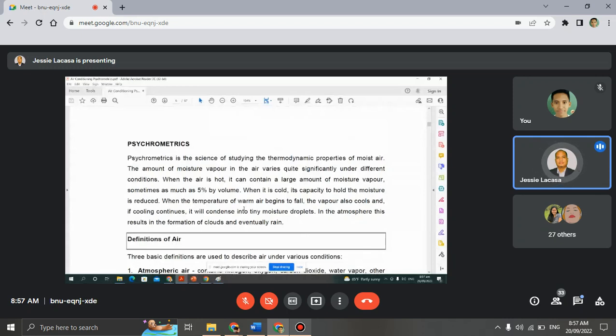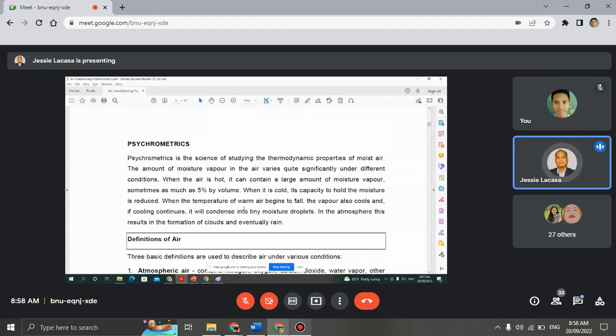So the definitions of air. There are three definitions of air: atmospheric air, dry air, and moist air. Atmospheric air contains nitrogen, oxygen, carbon dioxide, water vapor, other gases, and miscellaneous contaminants such as dust, pollen, and smoke.